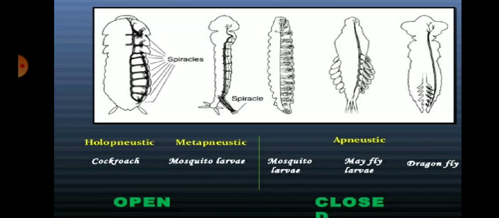For example, the pupa of Diptera. And the epinucleated tracheal system represents the closed respiratory system. All pairs of spiracles are closed and non-functional. Oxygen is absorbed by skin or gills, as found in various aquatic and endoparasitic larvae.